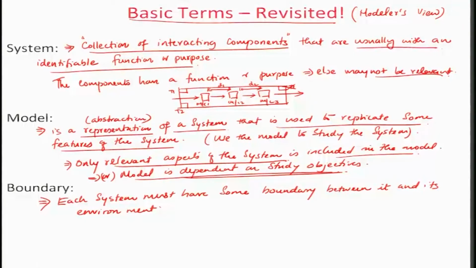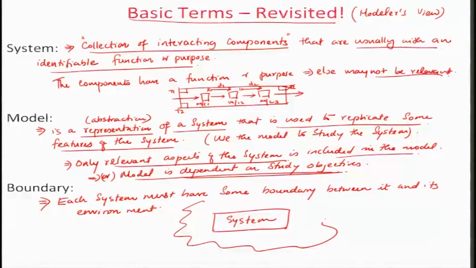One way to think about it is, if you think about this as the system, let us call this the system, and let us call this the environment. Then this component becomes the system boundary.